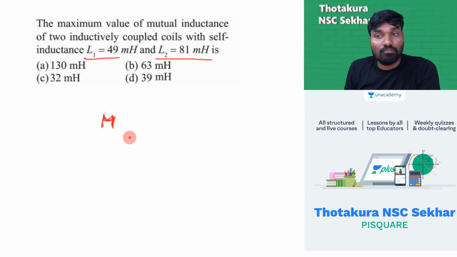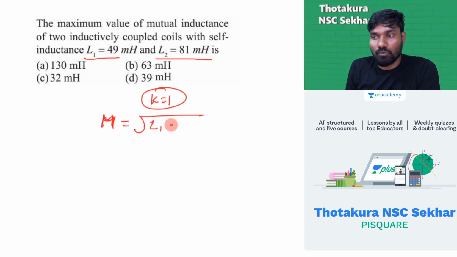I told you in the previous questions, maximum coupling means K is equal to 1. If K is equal to 1, maximum mutual inductance will come. So M must be equal to square root of L1 into L2, because the range of M is less than or equal to this. I want the maximum value, and this is the maximum value.